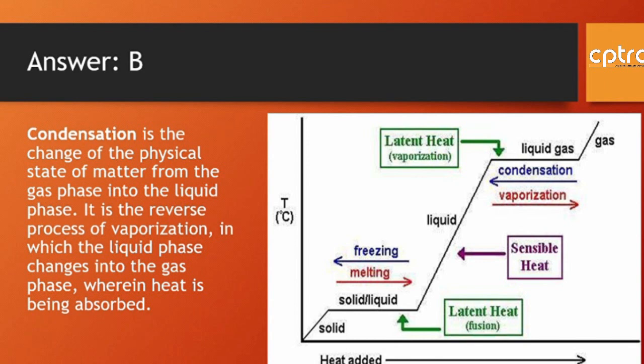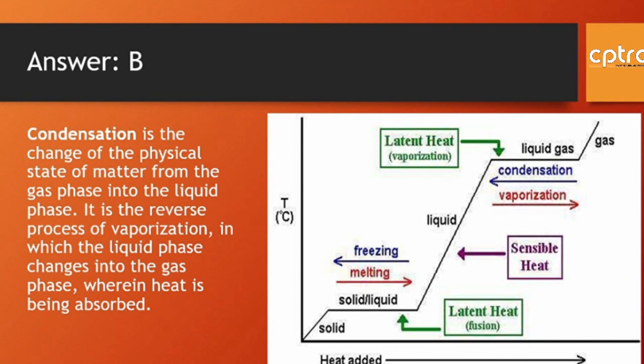Now take a look at the illustration. On the horizontal axis you have the heat, and on the vertical axis, the temperature. You notice that if heat is added to a system, then there is a forward process wherein solid becomes liquid, and liquid later becomes gas.